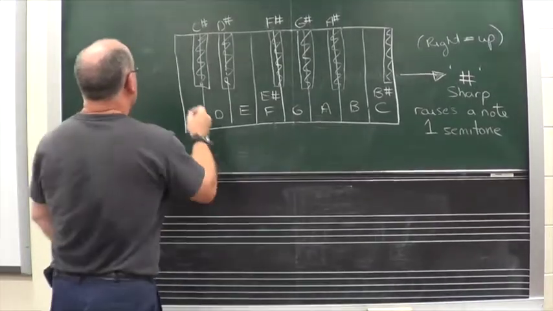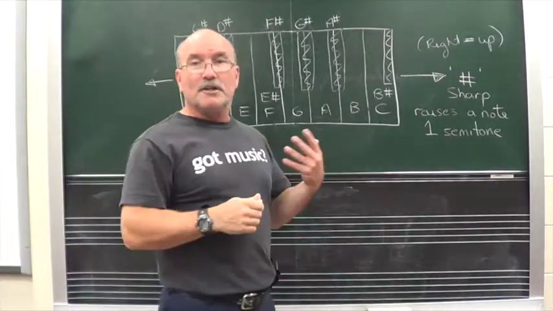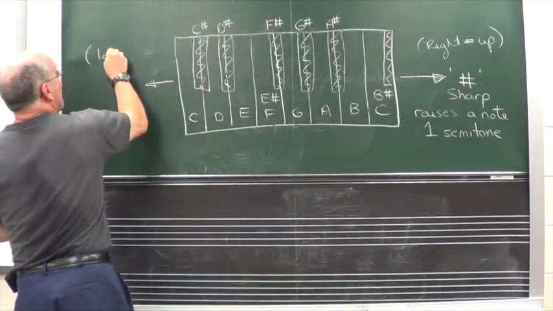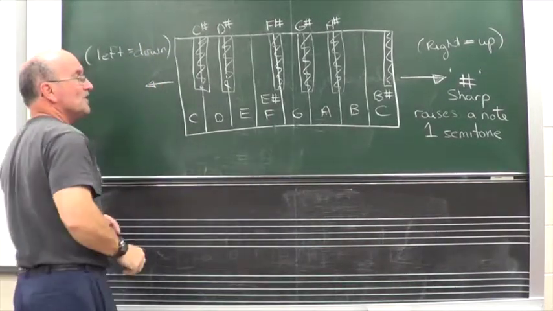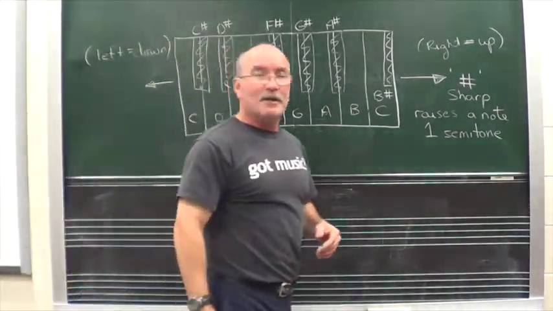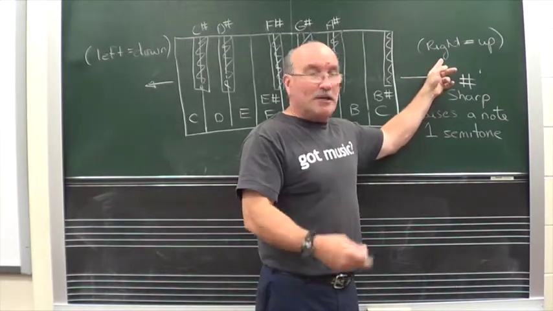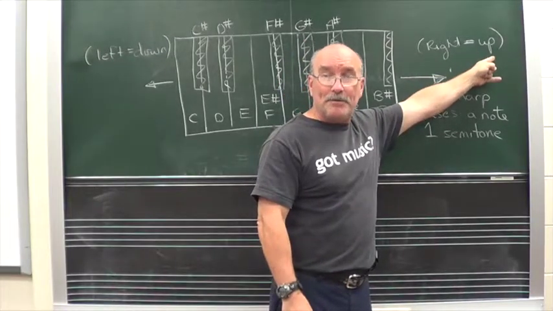Now, as always, if we go the opposite direction, we're going to the left in music, then please be aware that when you go to the left in music, you are going down. Does this sound rather familiar? When you're writing music, remember when you're putting the stems on the notes, if it's on the right, then the stem is going up.